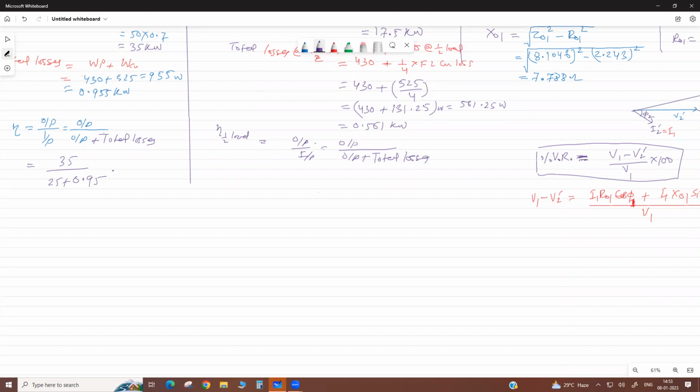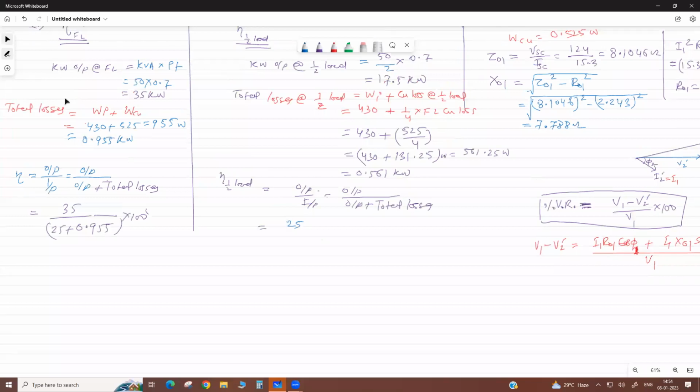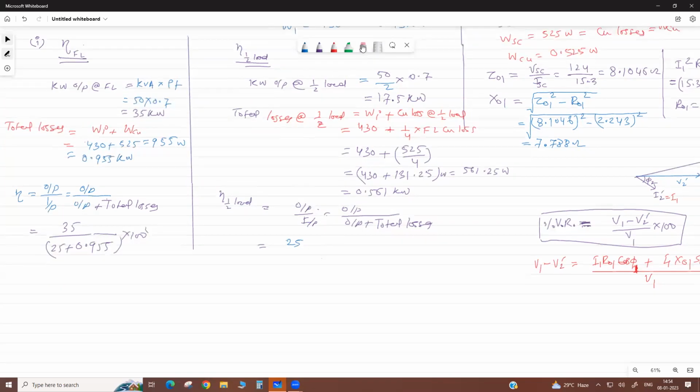Here the output at half load is half, 17.5 kilowatt.